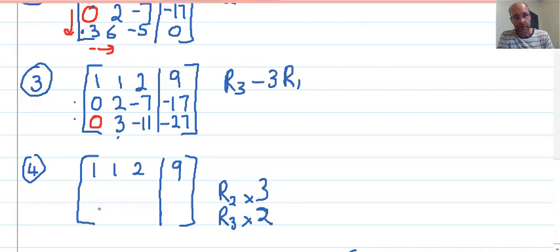So let's execute that. That keeps the zeros the same, which is good, because if you started adding things to that, that may not hold the 0. That'll be 6, negative 21, negative 51, and row 3 by 2, 0, 6, negative 22, negative 54.